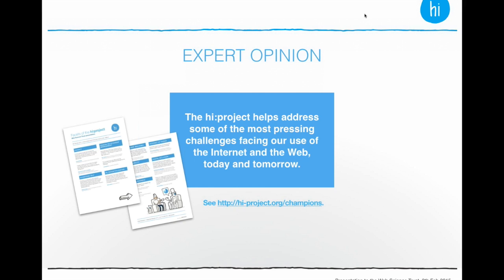If you come at it from a privacy perspective, you can see how we're going to rise up to some of the challenges of personal data privacy today. And fortunately, you don't have to take my word for it. That URL will take you to the statement by champions, as we call them, who are endorsing the Hive project. In fact, I'm delighted today to have received a letter of endorsement from the Web Science Trust Board. That will be going up there soon, I've got no doubt.